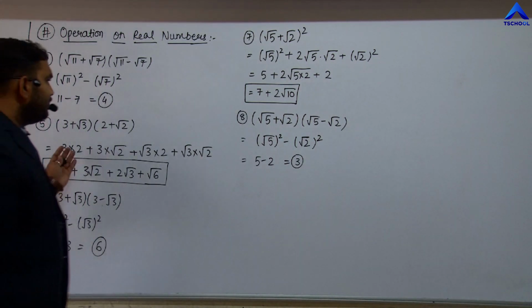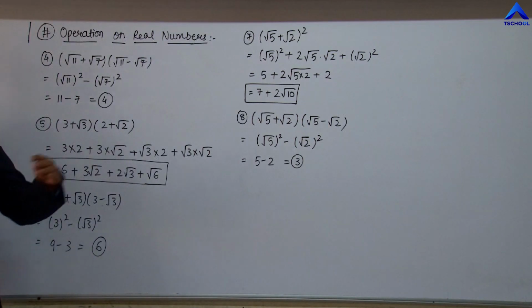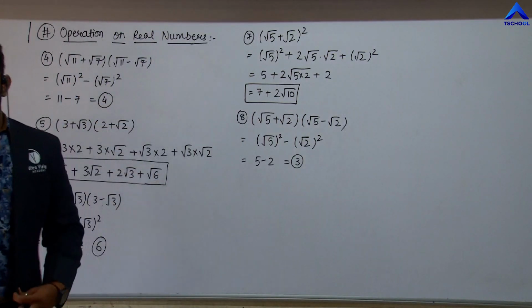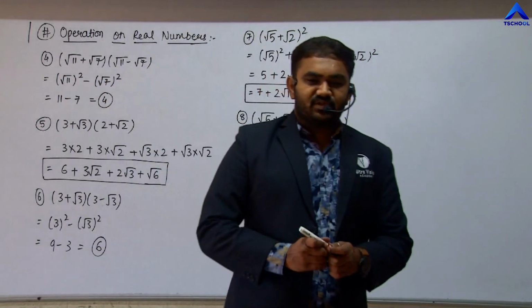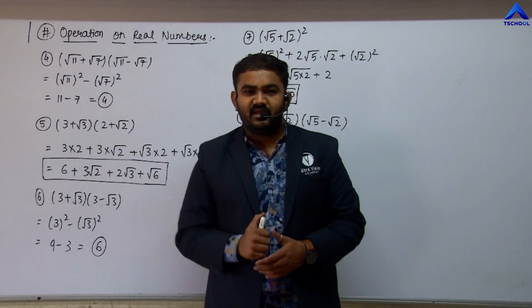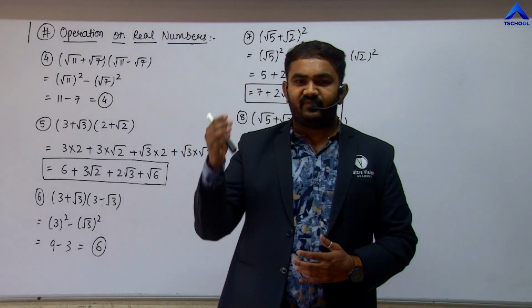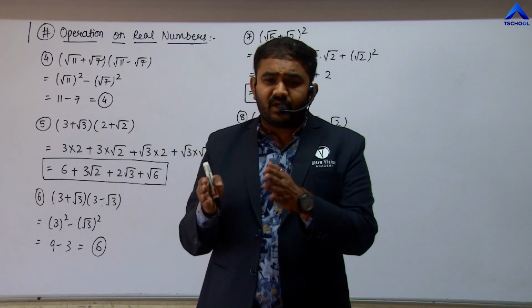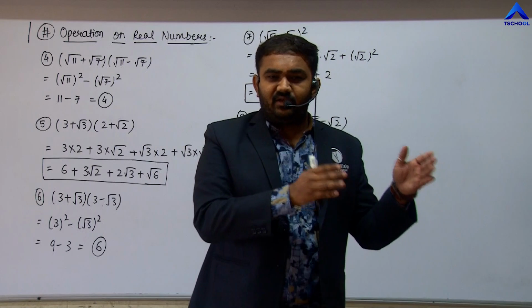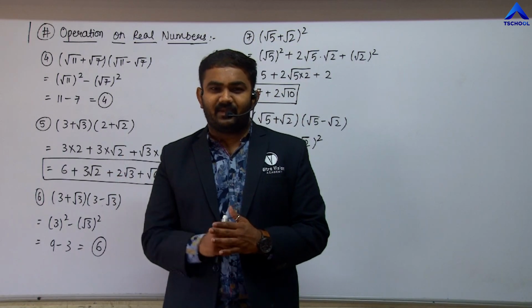Now these were all the sums that were related to the properties, or the results that we have written previously. The first one was square root of a into b equals to square root of a into square root of b. The second one was square root of a upon b is equals to square root of a upon square root of b. The third one was square root of a plus square root of b into square root of a minus square root of b, that is equals to a minus b.